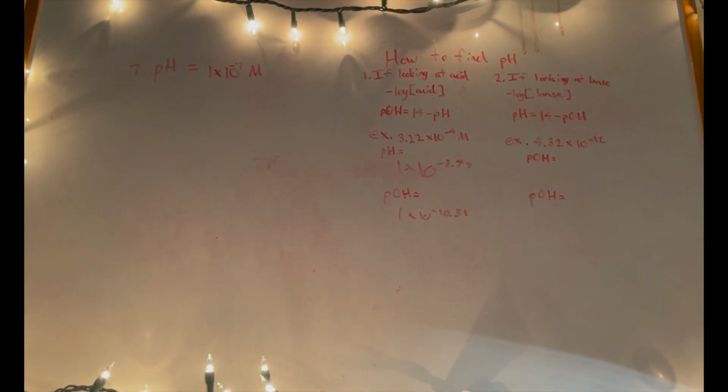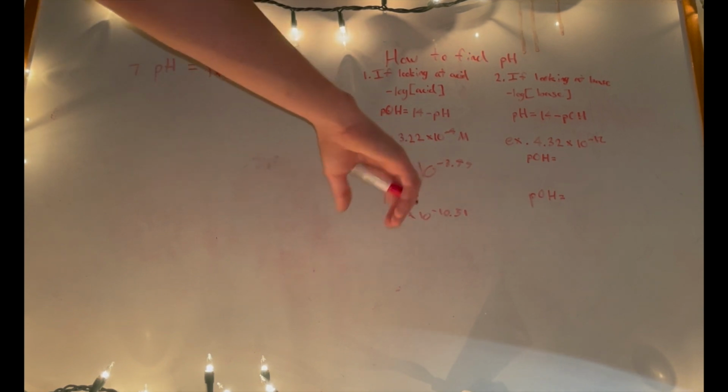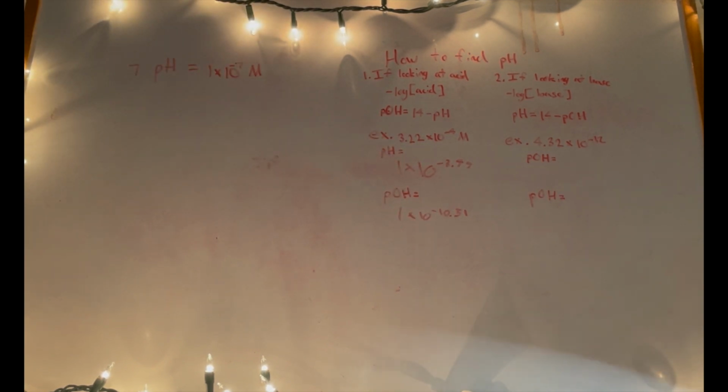But what does that mean for molarity? Well, to find the molarity of this substance, we would simply do 1 times 10 to the negative 10.51, which should give us a molarity of 3.090 times 10 to the negative 11th power.